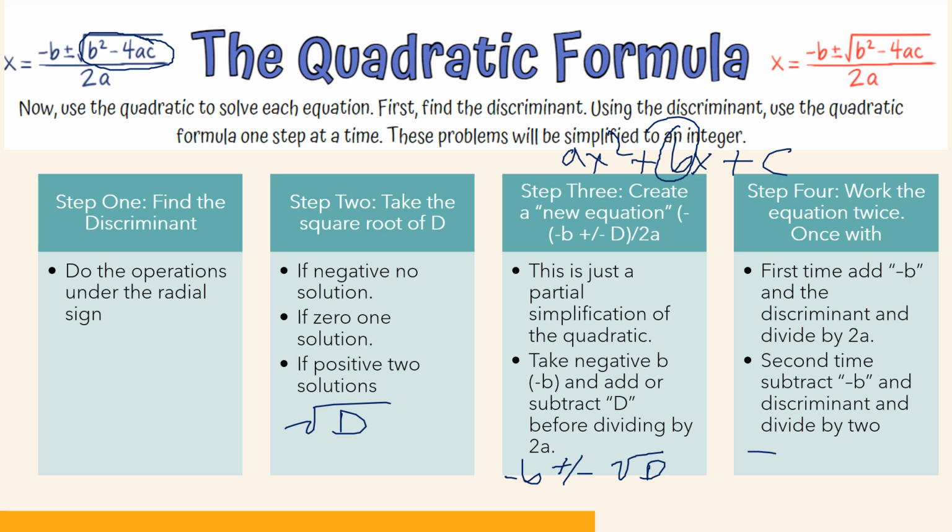First time, we're just going to do negative b plus the square root of d. Second time, we're going to do negative b, or opposite of whatever our b value is, minus the square root of d. Once again, first time we're going to add, second time we're going to subtract.